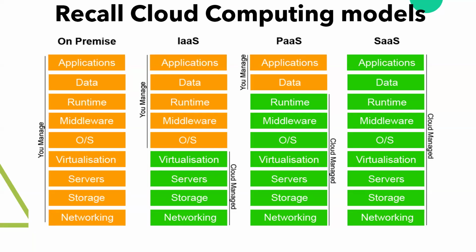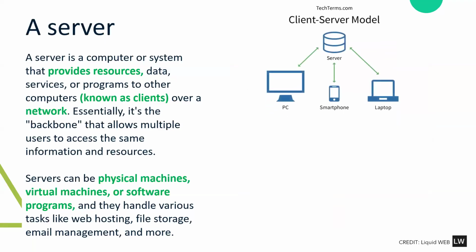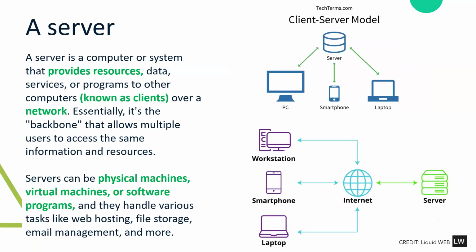So when we talked about this, we referred to a server as any system that provides resources, and resources could be data, even programs, over a network to other people. You can see the servers can equally be local area or wide area.